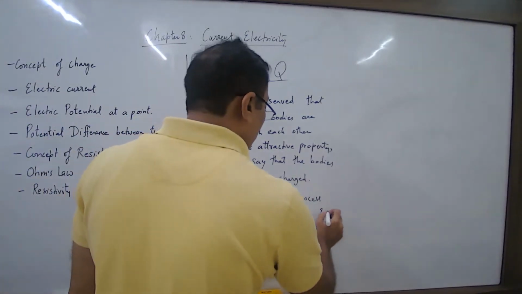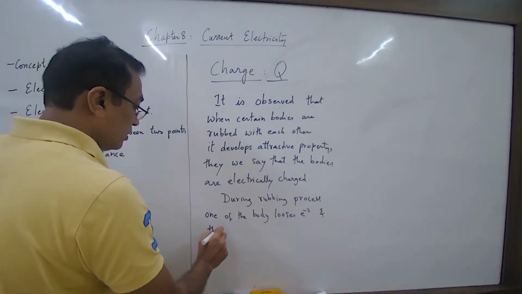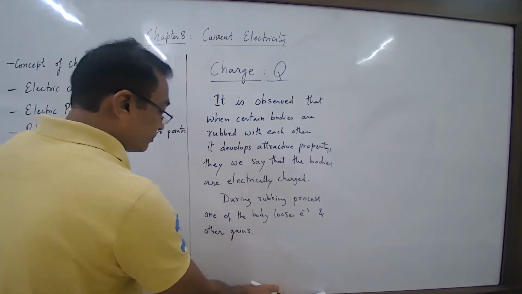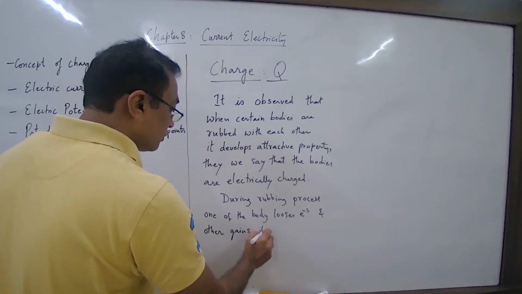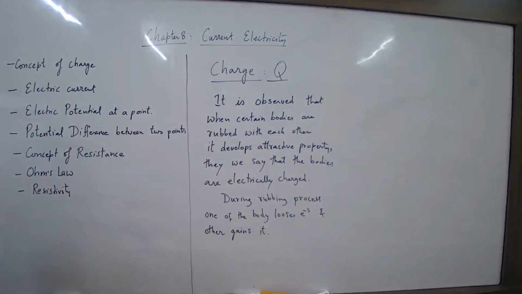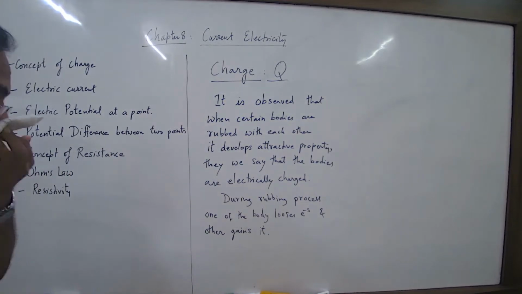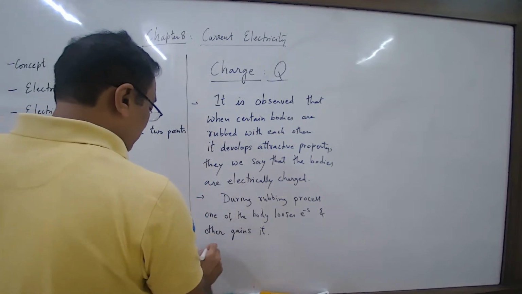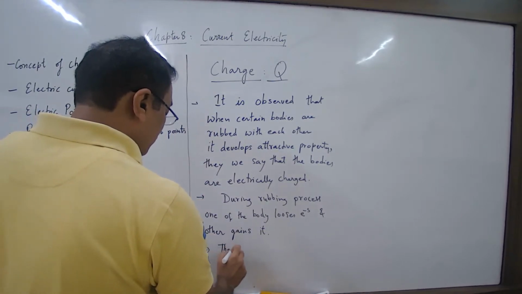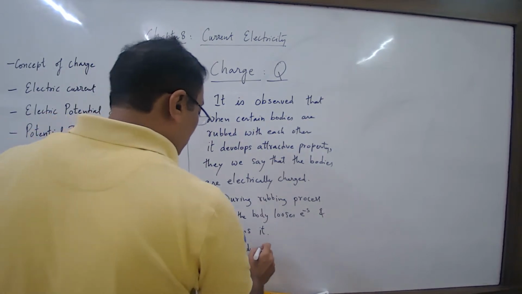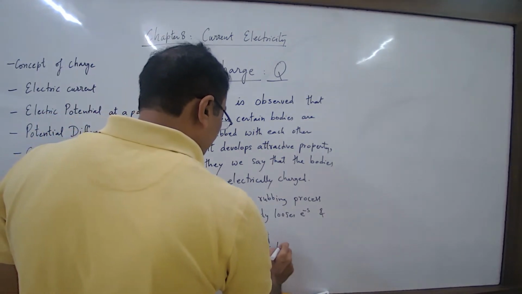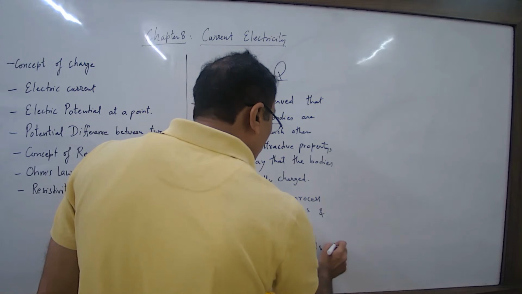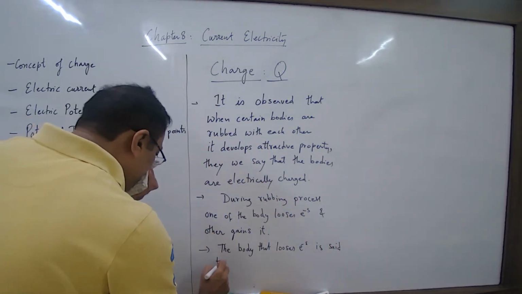And the other gains them. Okay? So the body which loses electrons is called negatively charged. Oh, sorry, positively charged. So there are three things that you have to remember. The body that loses electrons is said to be positively charged.